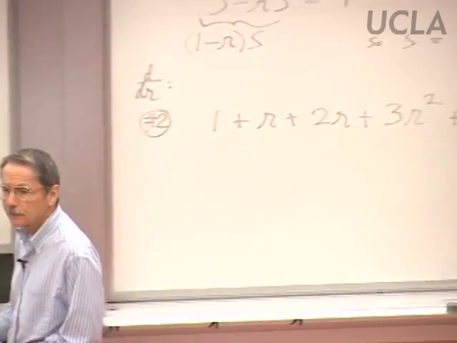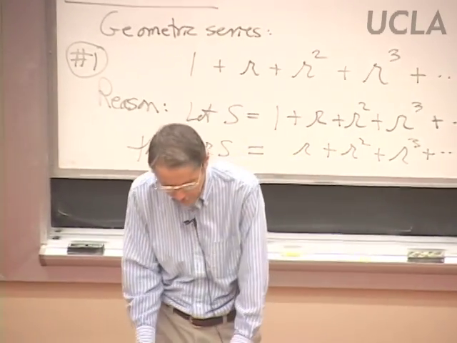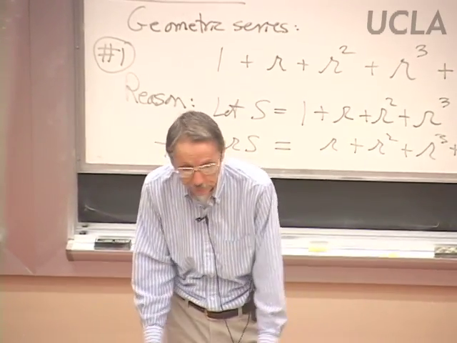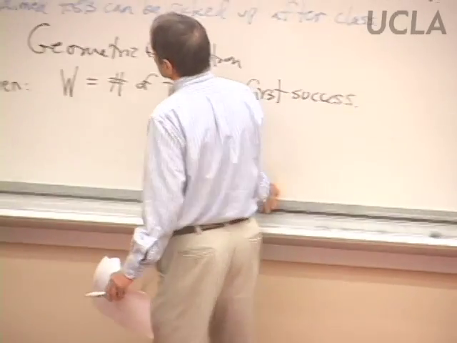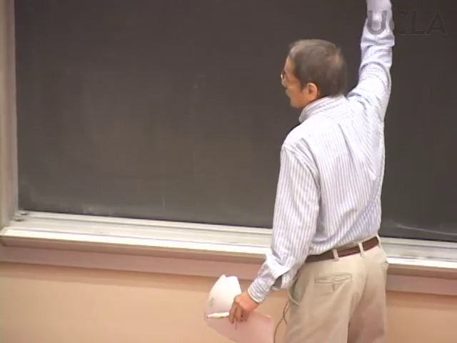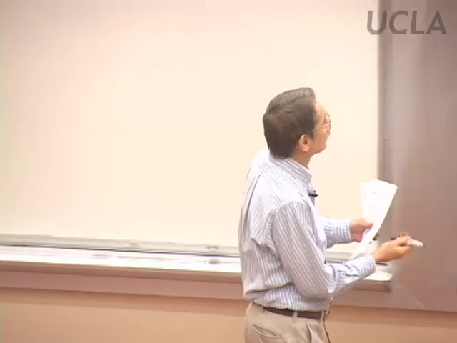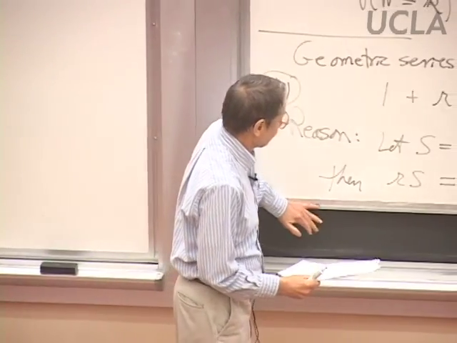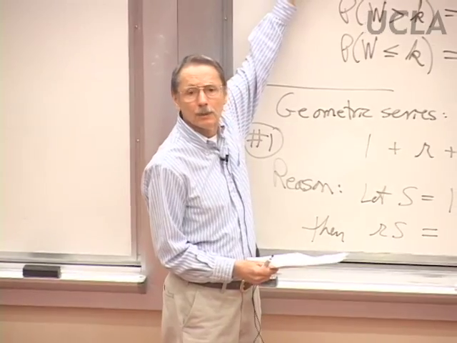Well, end of our excursion into algebra and related things. Back to the geometric distribution. Let's verify computationally that these probabilities add up to 1.